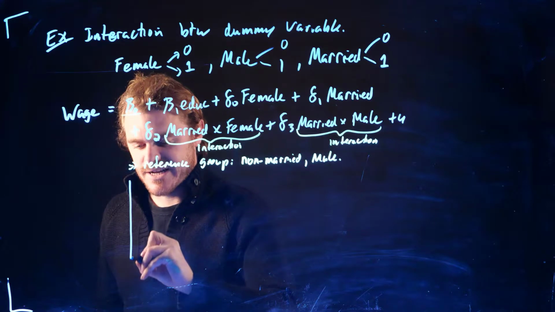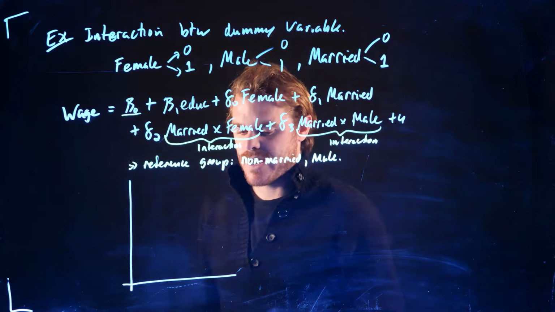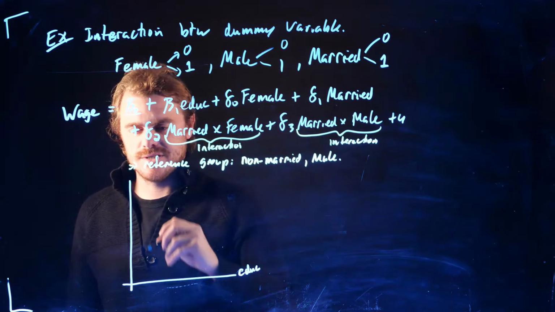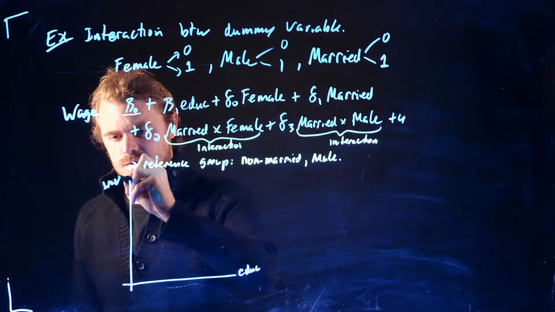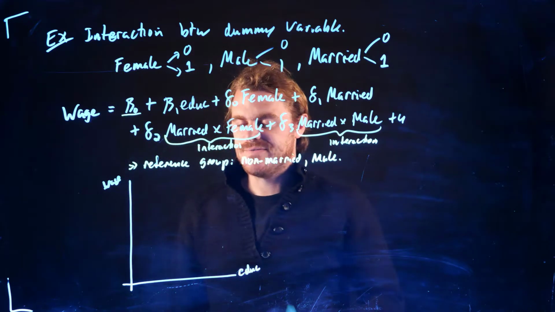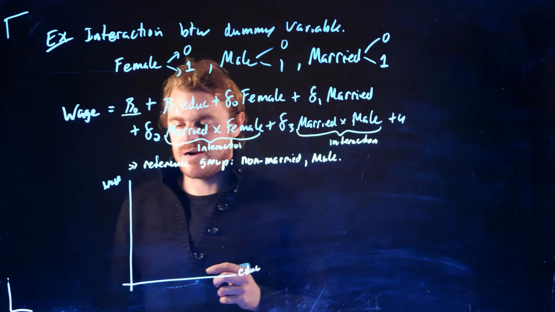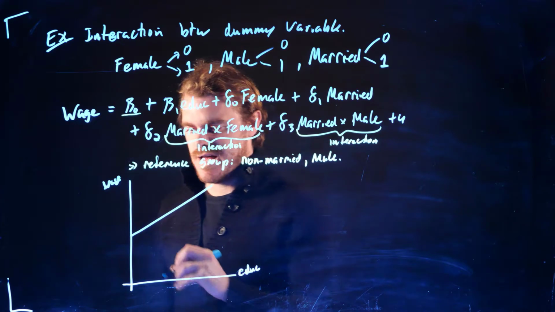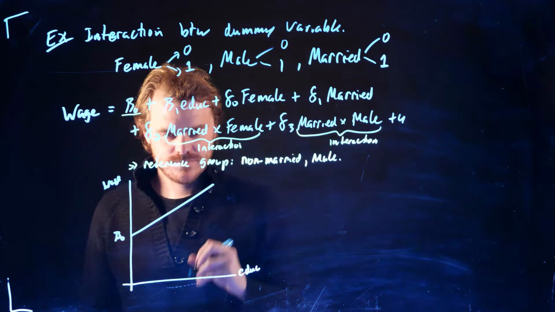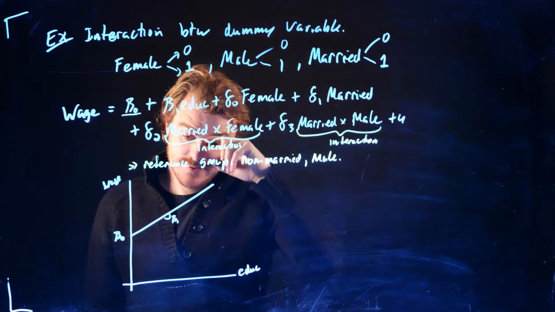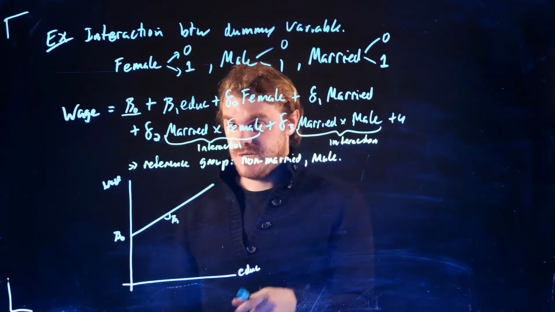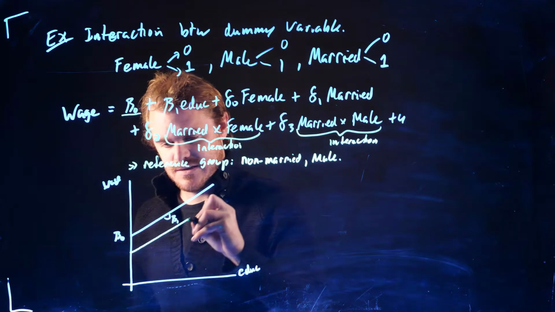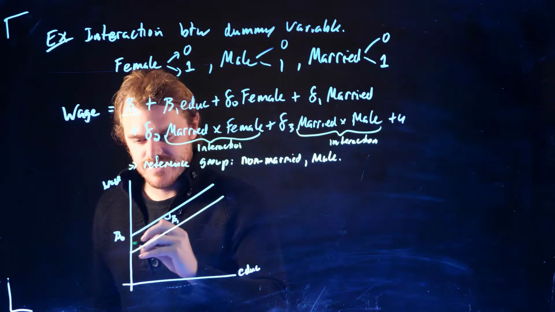So all this is going to do is give us more intercepts. The slope for all these individuals is going to be the same. It's going to be beta 1 because we only have this one continuous variable. But maybe this first line is beta 0. The slope is beta 1. And we have, maybe, delta 0 is negative.